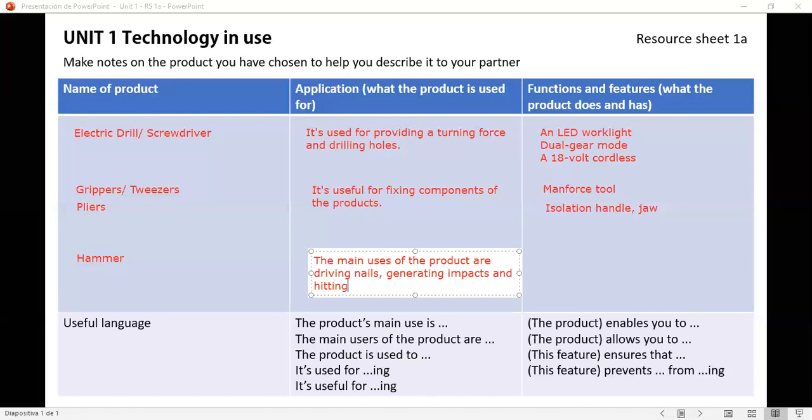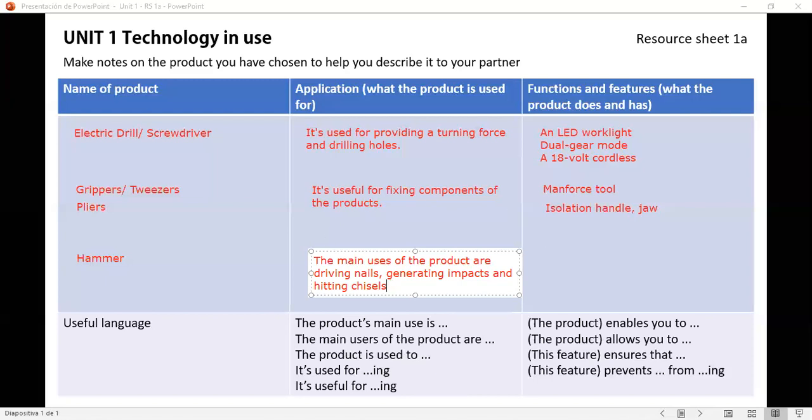Yes, hitting chisels. Do you know what chisels are? Yes, perfect, correct. Okay, so those are the uses of the application of the hammer actually.